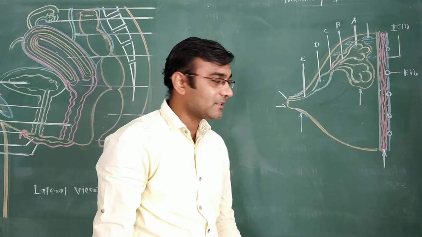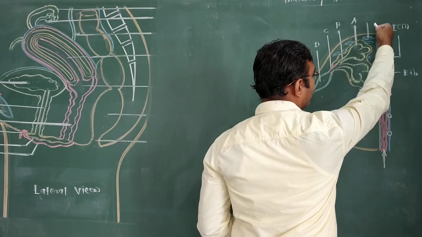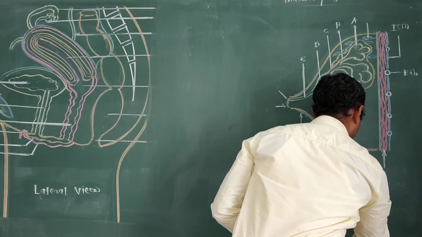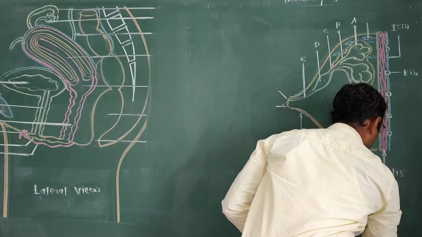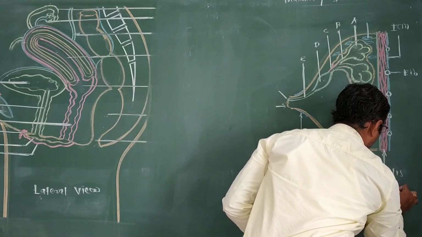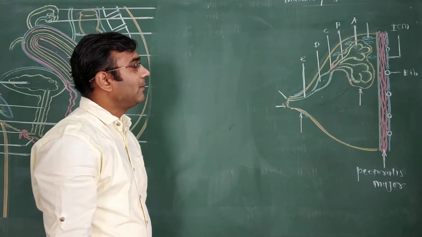In front of the intercostal muscle and rib is the band of the pectoralis major muscle. Then the entire structure of the mammary gland is present.